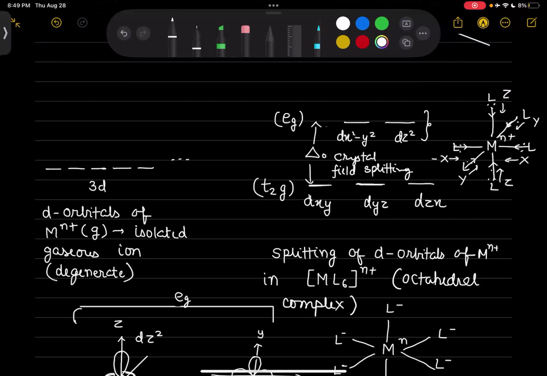Average, if you compare from the average energy, you can take it as the energy of these 5 d orbitals. So these 2 d orbitals, there are 2, and this average is known as barycenter.